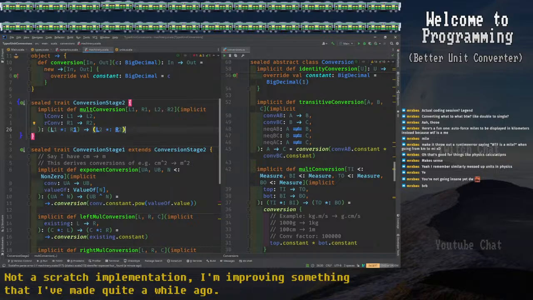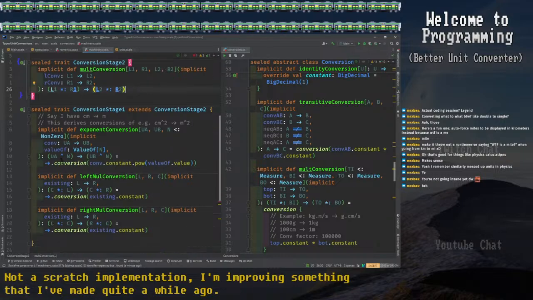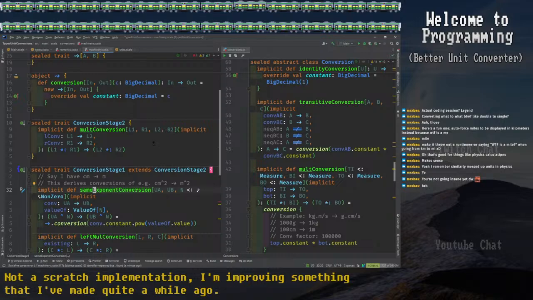Hey, wait a minute. I don't actually need this, right? What I actually need, I guess, is the same exponent conversion. I guess what we also need is a different exponent conversion.